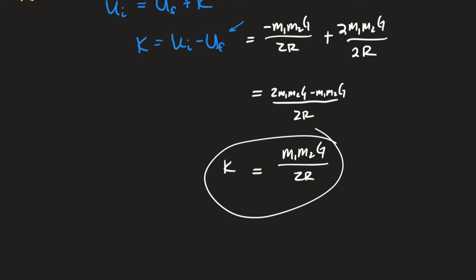Does everybody see that? We define infinity to be the reference point, which by consequence makes our gravitational potential energy negative. It's not done by accident. It's done so that it all works out, so that Newton's laws are still acting consistently.